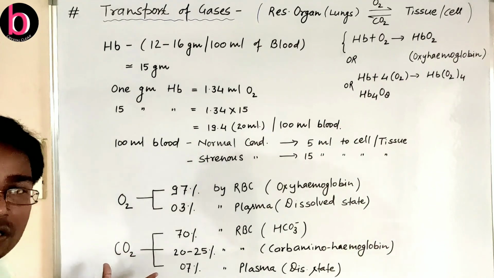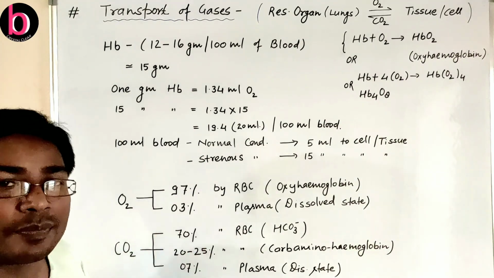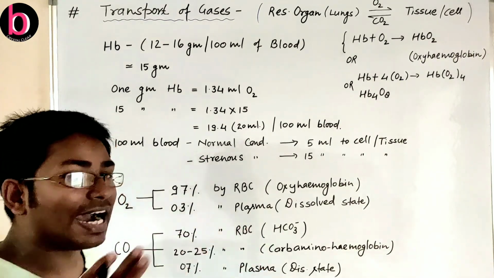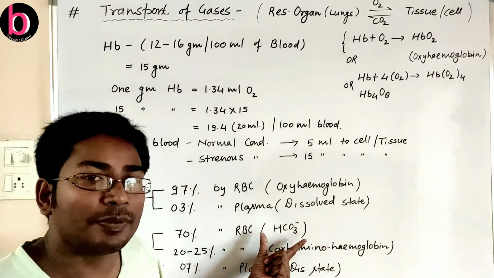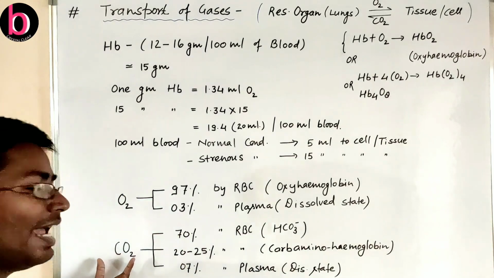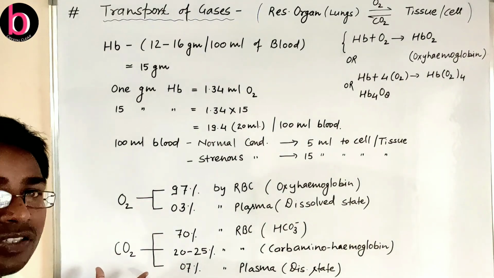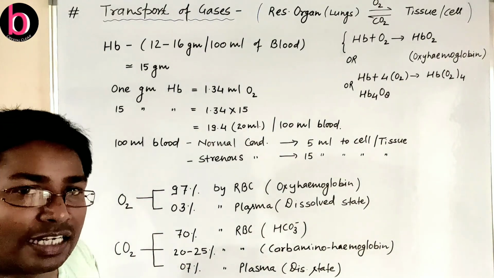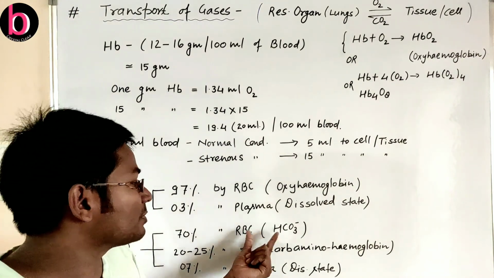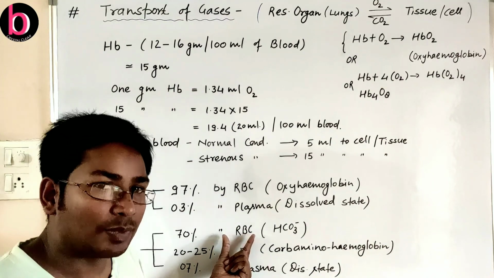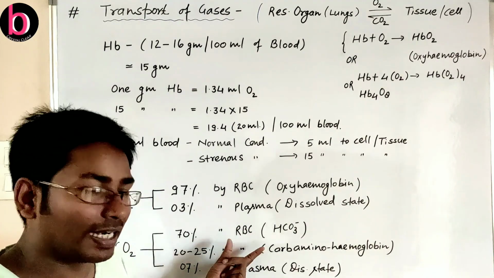While for carbon dioxide, 70% of carbon dioxide is transported by RBCs in form of bicarbonate ion, HCO3 minus. So water and carbon dioxide will react to form carbonic acid because of an enzyme, that is carbonic anhydrase, which is present here inside the RBCs. We will also discuss this later.